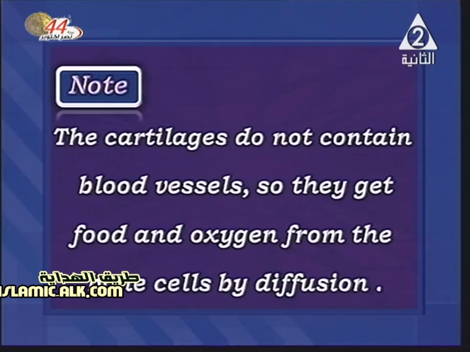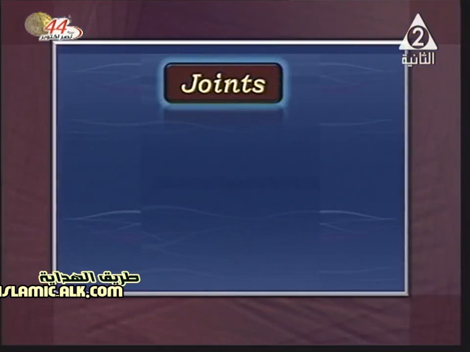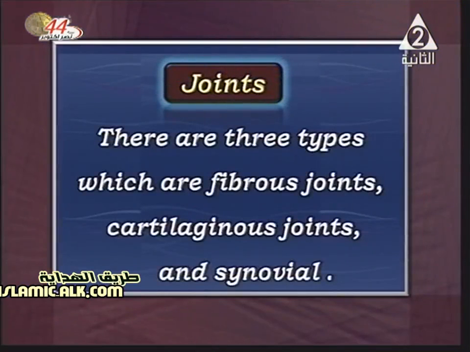What about the next one, which is joints? There are three types, but before telling you the types, joint means what? Simply any two bones meeting each other.